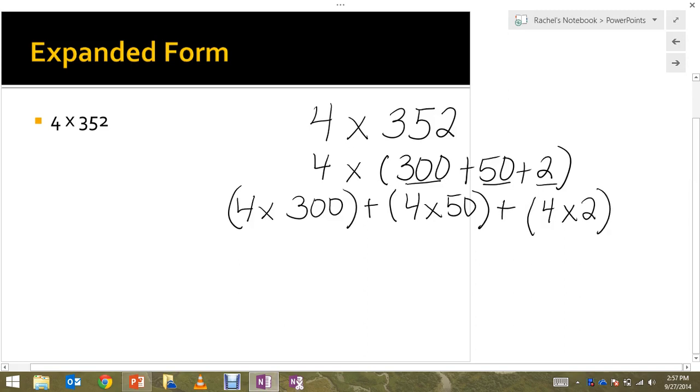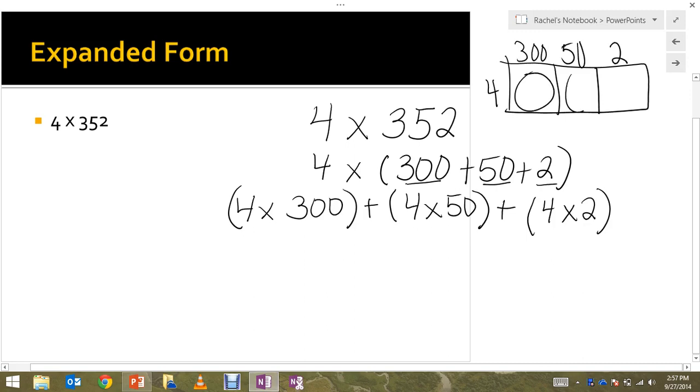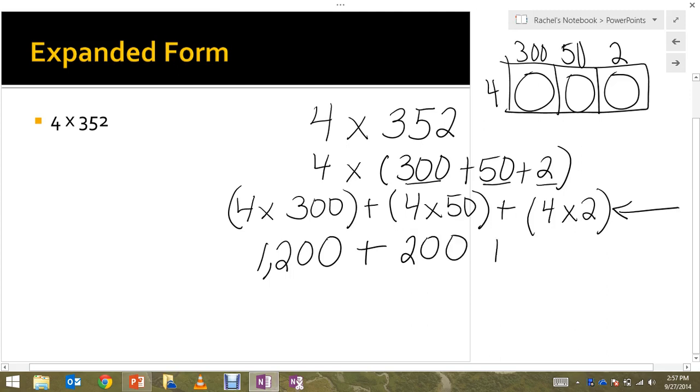So far these 3 parentheses just represent what would be in our rectangle if we were multiplying 4 times 352. These 3 smaller pieces in our rectangle are represented here. So the answers are our 3 smaller partial products, 1,200 plus 200 plus 8.